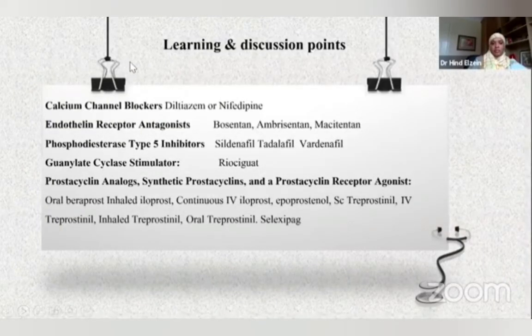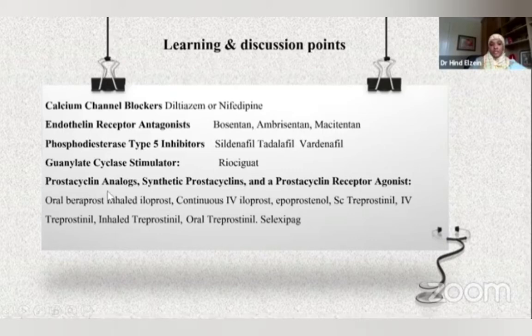These are the medications generally offered for those patients. As I mentioned earlier, the calcium channel blockers. We have other medications, including the endothelin receptor antagonists, the phosphodiesterase type 5 inhibitors, including sildenafil, guanylate cyclase stimulators.